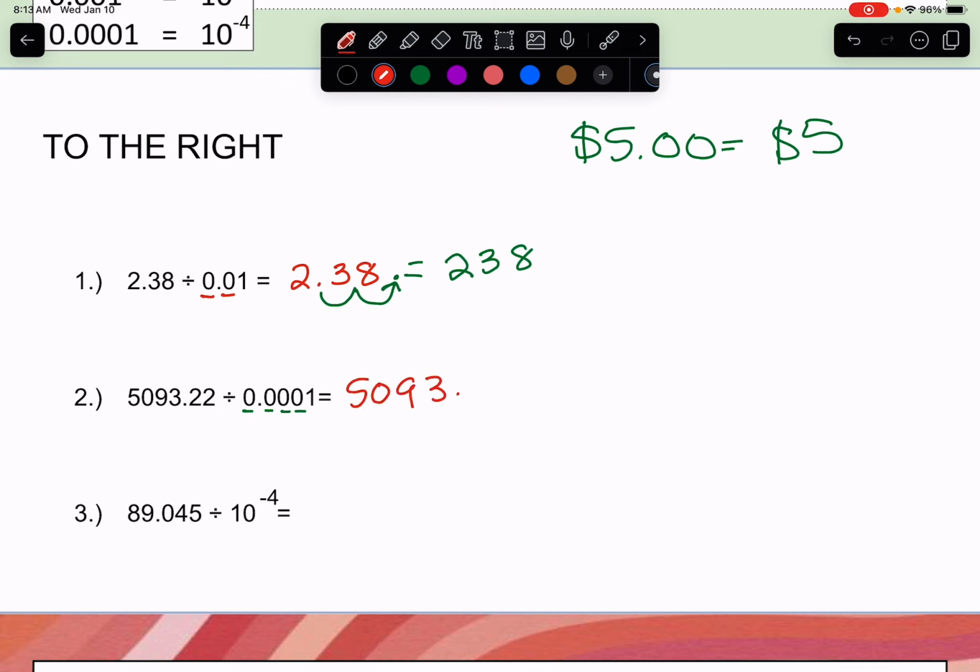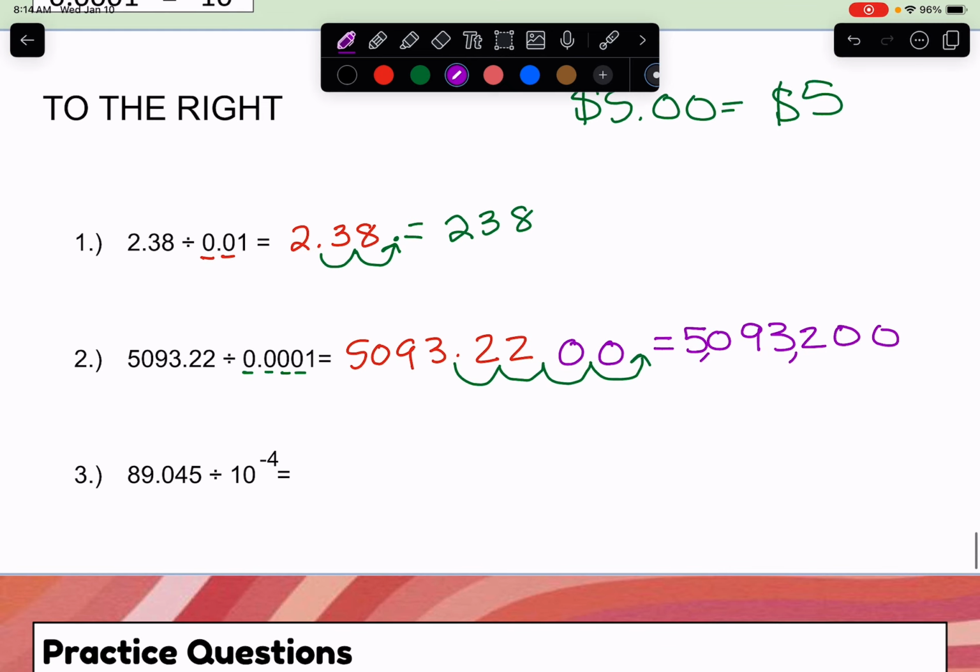I'm going to rewrite my number, and I'm going to do my hops. 1, 2, 3, 4. Okay, we have spaces here. We're going to fill them in with our 0. So my new number is going to be this pretty large number.